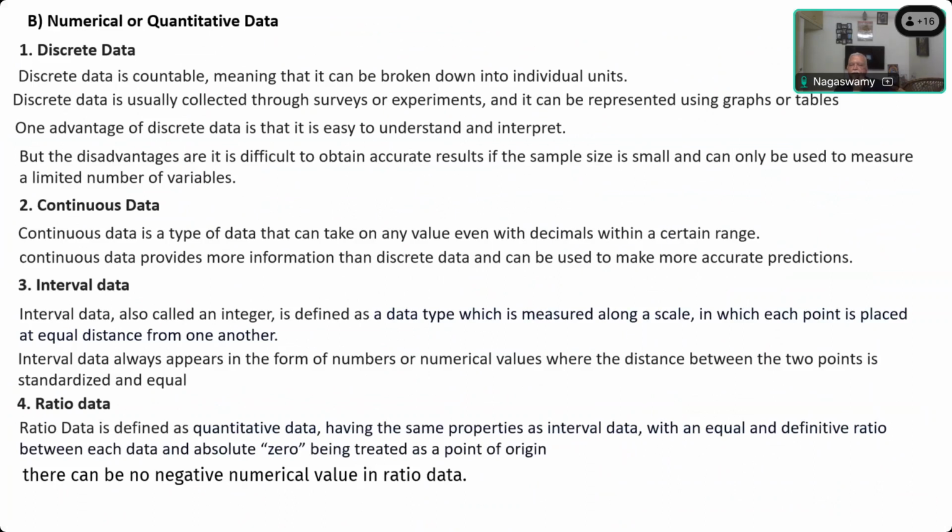For example, in interval data, you can say the temperature is minus 4 degrees centigrade, at which you have to keep the preservation fluid in the kidney transplant. Whereas that cannot be done here, but you can compare the two values in ratio data, which are always positive. So that is the main difference between interval data and ratio data.